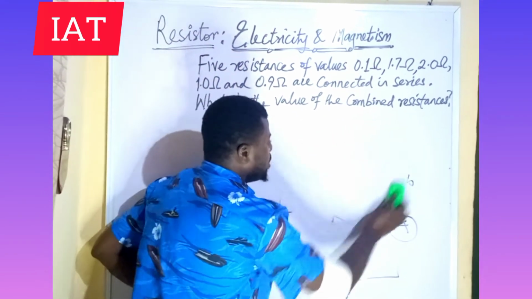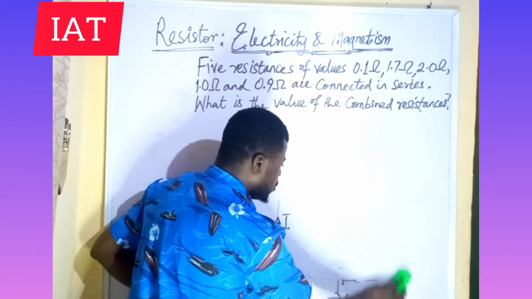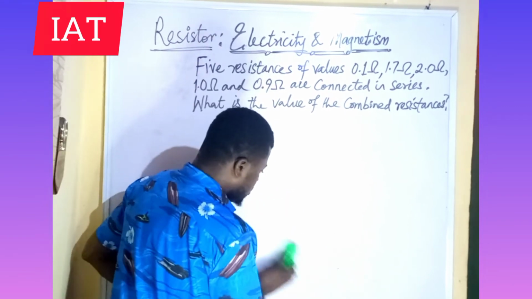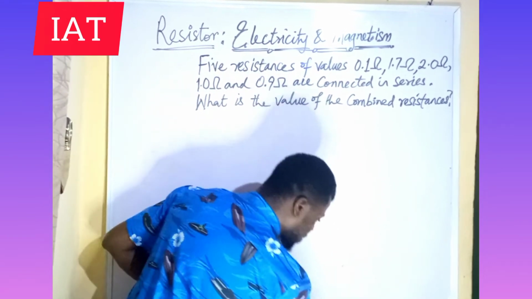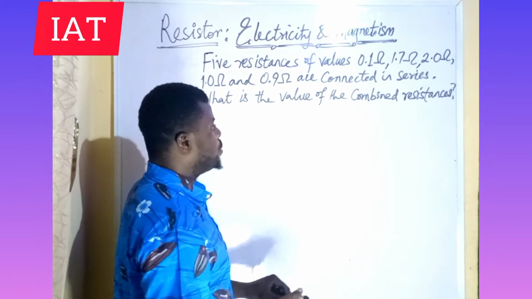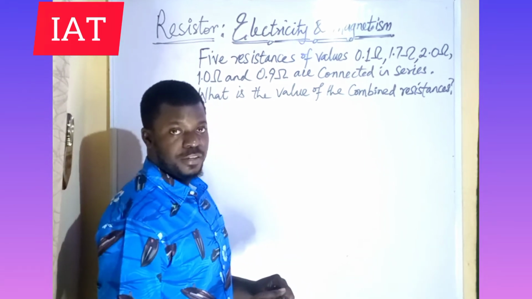So in this video, we are going to discuss resistor in series and in parallel. And the best way I can do that is to represent them in a formula.